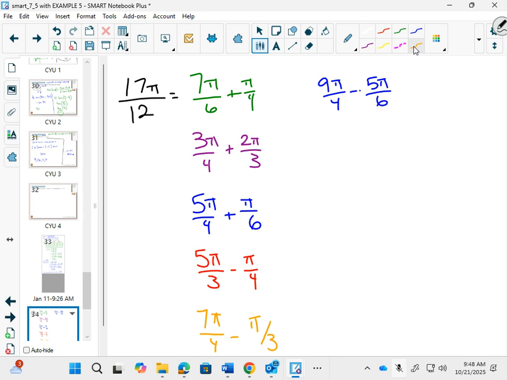Every single one, the green one, the purple one, the two blue ones, the red one, and the orange one, what do they have in common? And if you see what they have in common, you will break down the strategy, which then makes all your pi over 12 questions extremely easy.